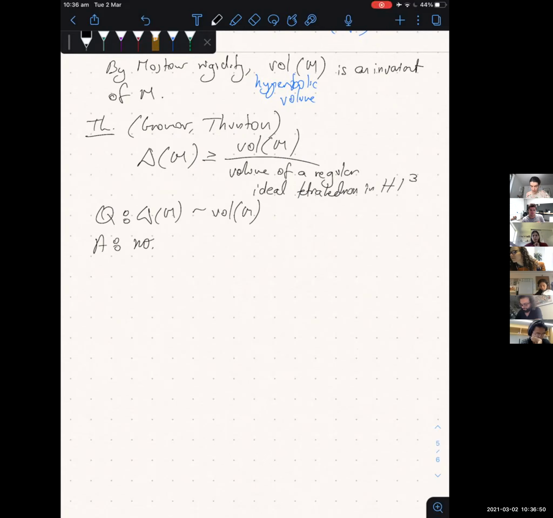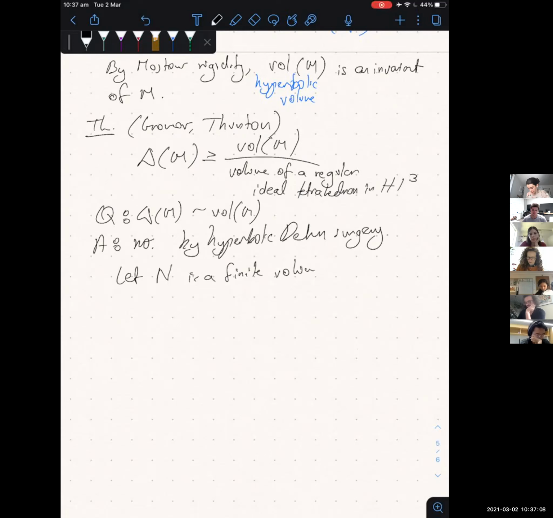So we can do this using hyperbolic Dehn surgery. So what's that? If N is a finite volume hyperbolic manifold, this time with boundary, with one boundary component that's going to be toroidal, so for example, the complement of a hyperbolic knot, sort of by definition.